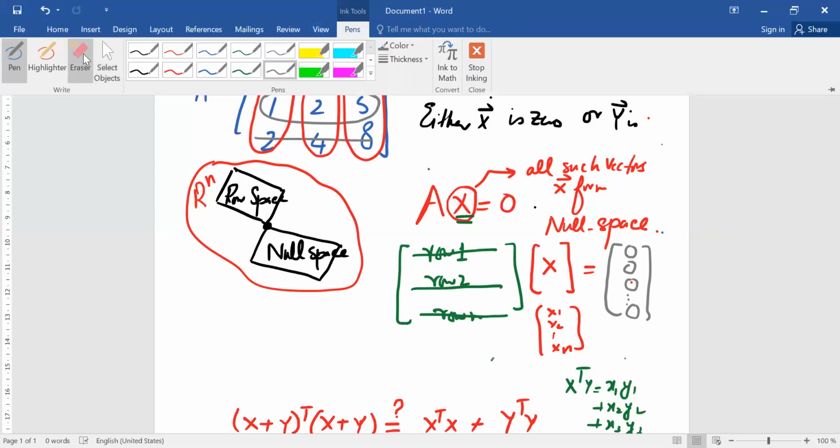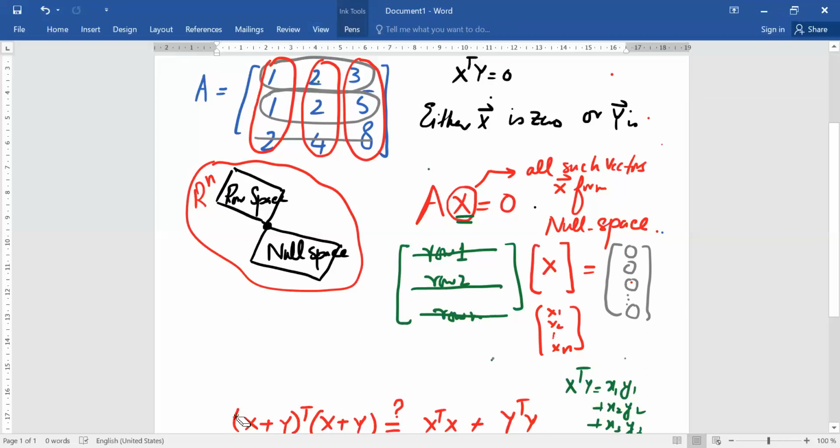Now, how is this first 0 formed? That's very interesting to look at.